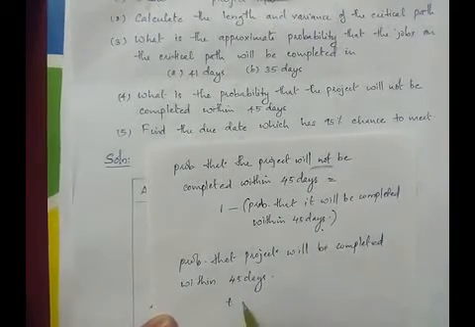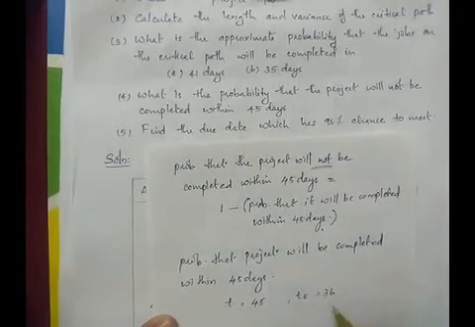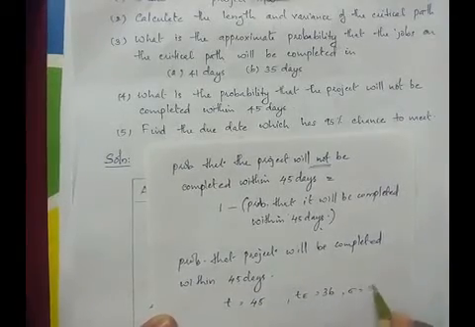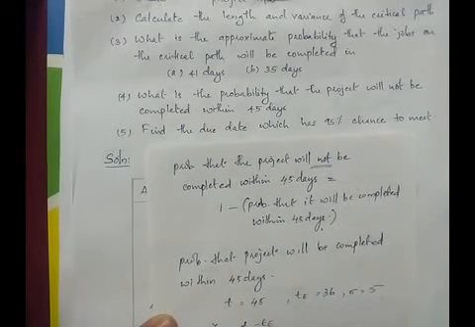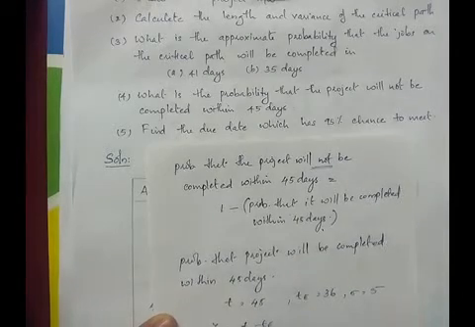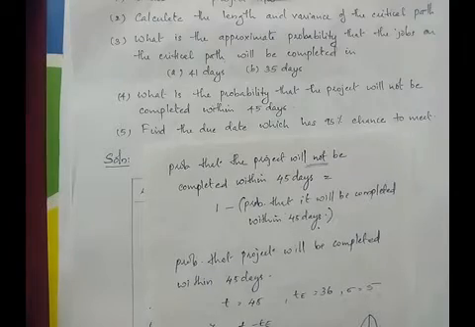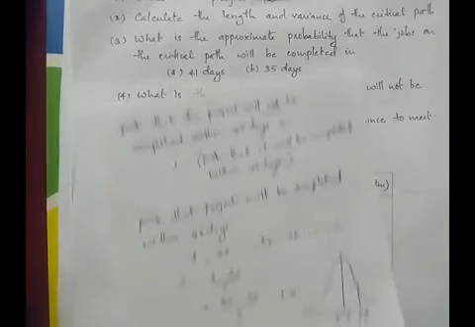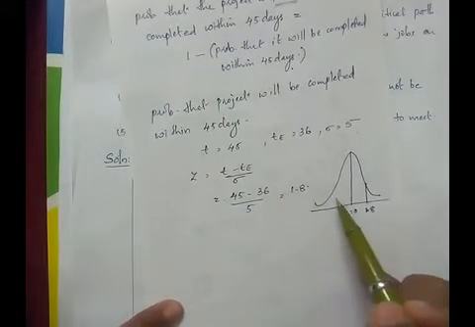That means T equal to 45, then TE we already know is 36, and sigma is 5. So Z is equal to (T minus TE) by sigma, and we get Z equal to 1.8 by substituting these values in the formula.